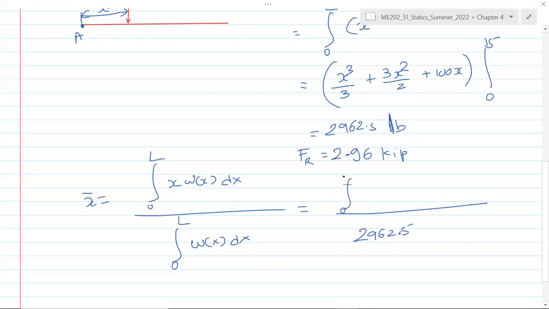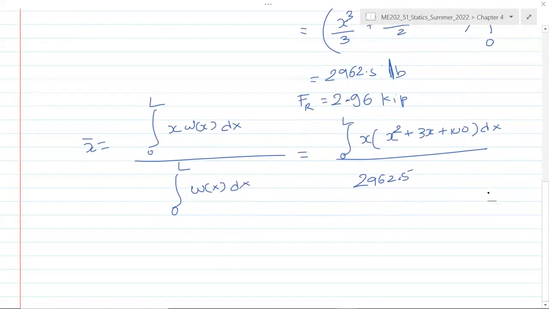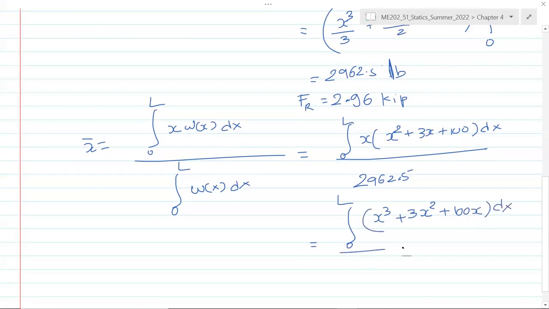Now this is the integration from 0 to L of x multiplied by x squared plus 3x plus 100 times dx. So now x is multiplied with each one of these terms. So this will become the integral from 0 to L of x cubed plus 3x squared plus 100x dx, divided by 2962.5.